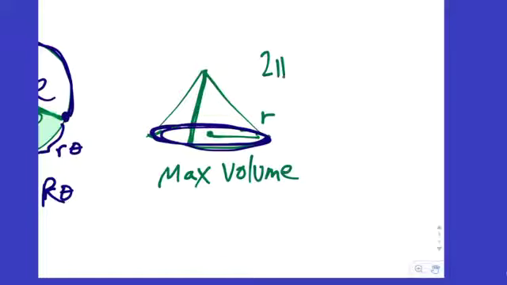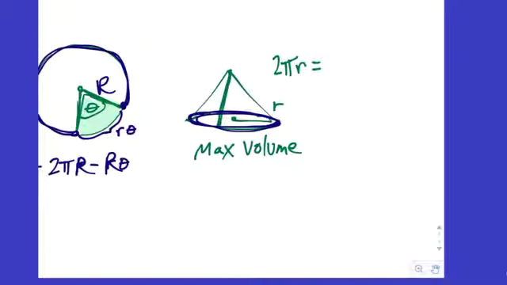So 2 pi little r is the base, and that should equal 2 pi big R minus big R theta. So that's a way to relate the little radius of your resultant cone to the angle theta that you're cutting out. Big R is a constant.